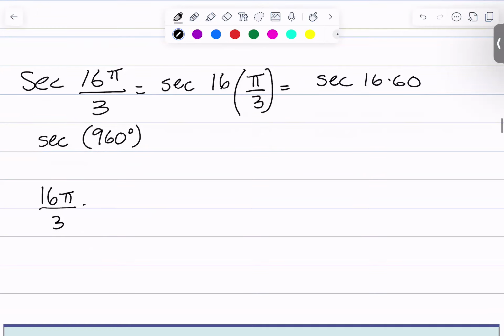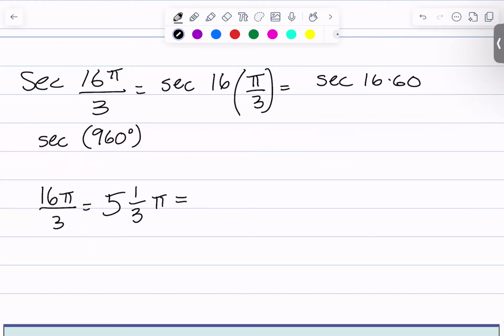So if I turn this into a mixed number, which would be 5 and 1/3 pi, right? 5 would be 2 pi and another pi, correct?